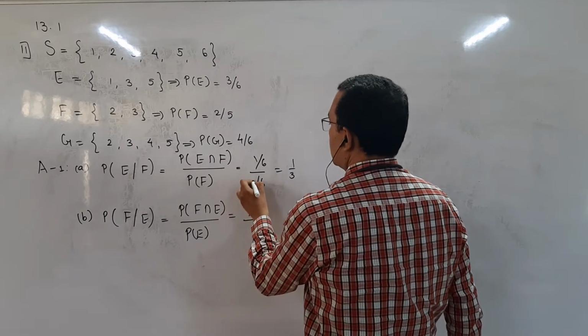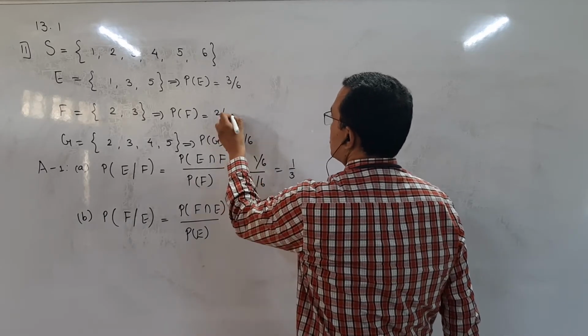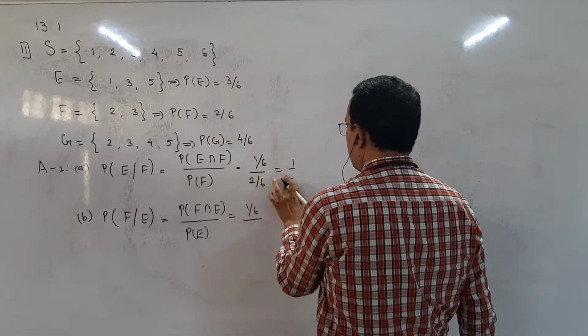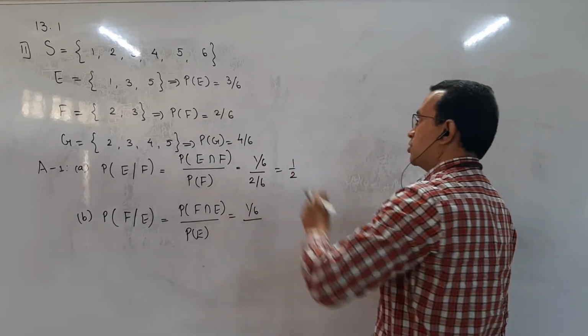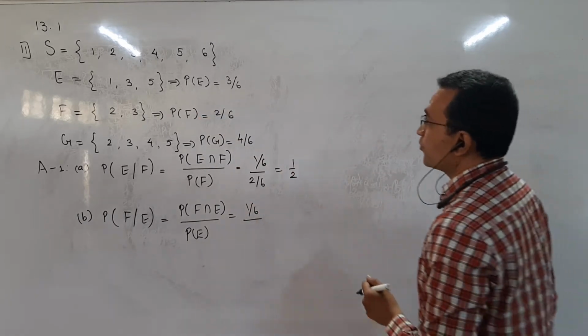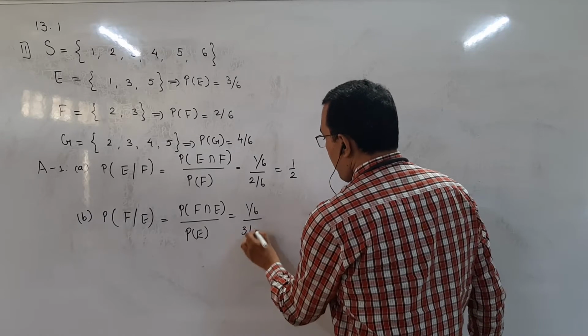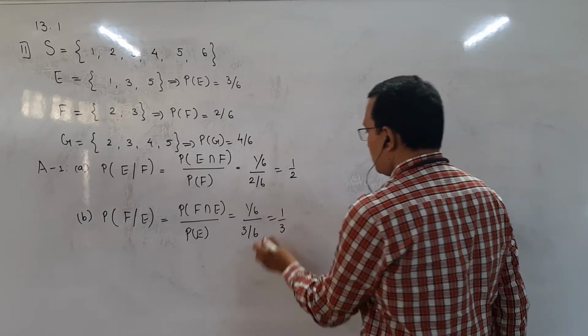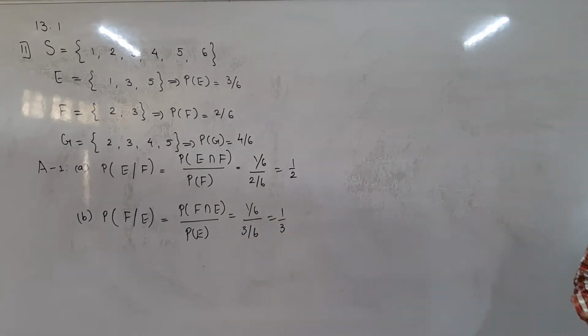This is 2 by 6, and P of E is 3 by 6, so this will be 1 by 2. Sorry, by mistake, students, I wrote 2 by 5. It was just a slip of the pen.